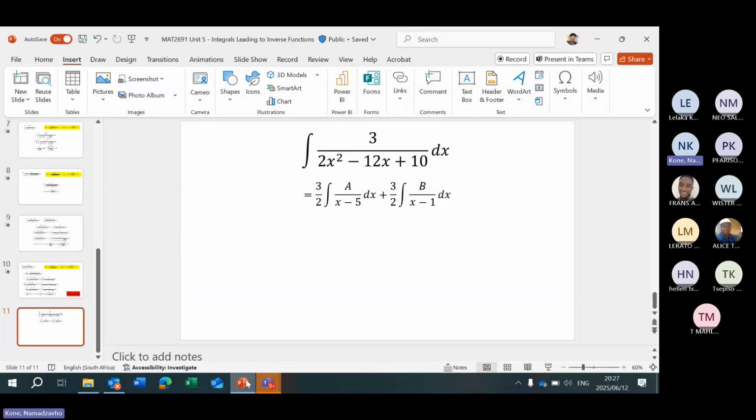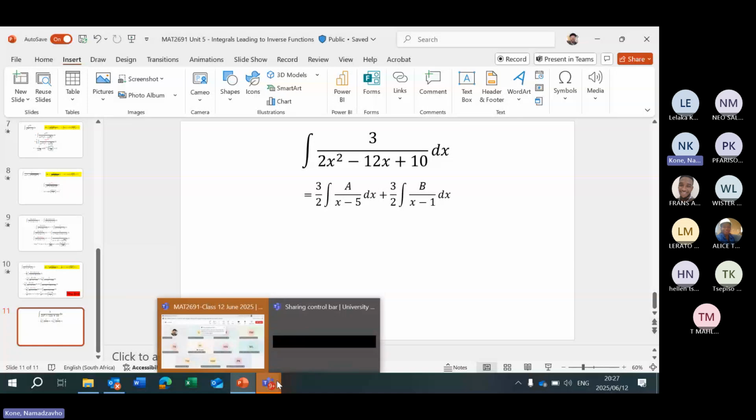Hello, guys. Are you still with me? Yes, sir. Oh, okay. Right. Is there anyone with different values of A and B except 3/2? Or anyone who is seconding 3/2?